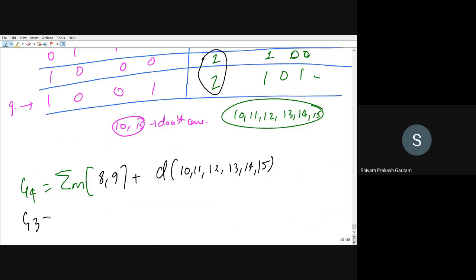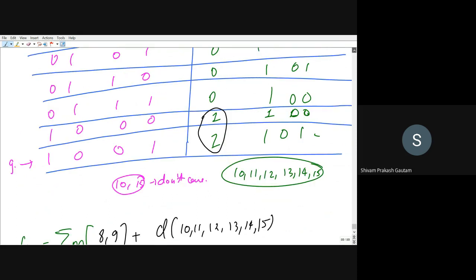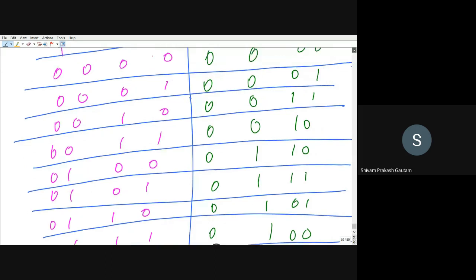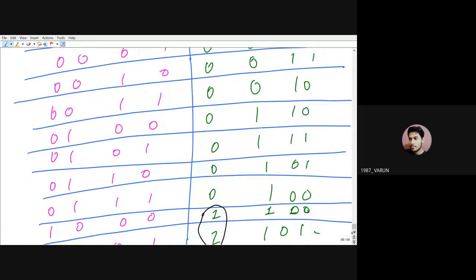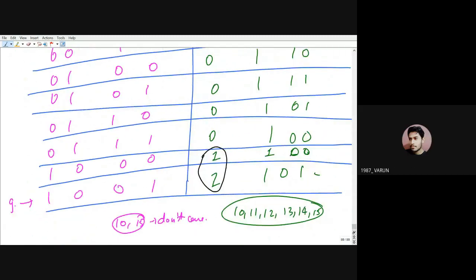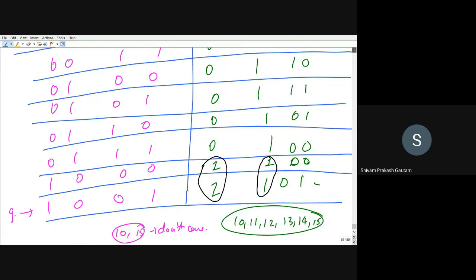And then G3, just see where G3 is 1. So 4 to 7, and 9 is also there, no? 8, 9. You can see? Yes, yes. Yes, 4 to 9.